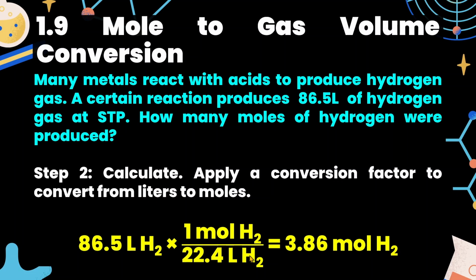And since the given is liters, the denominator of our conversion factor should also be in liters. So 86.5 times 1 divided by 22.4 is equivalent to 3.86 moles of hydrogen gas. Therefore, the number of moles of hydrogen gas produced if a certain reaction produces 86.5 liters is 3.86.